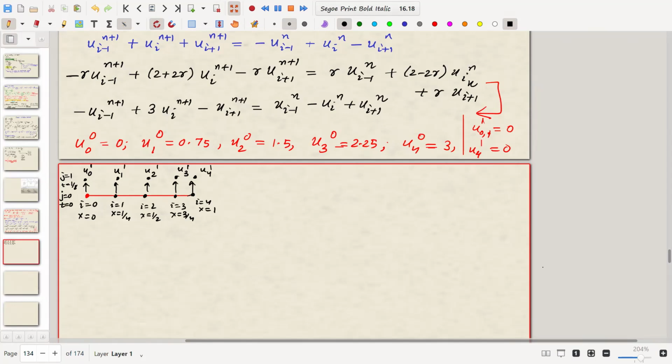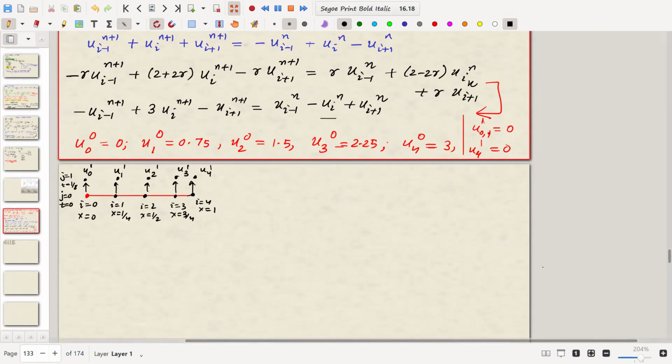So what will you get? Is it correct? Are you understanding? How many of you are understanding? i equal to 0. The u(i, n) term is there, no?